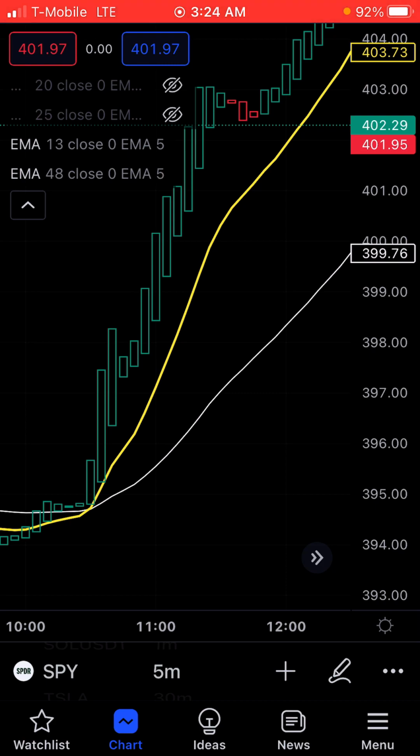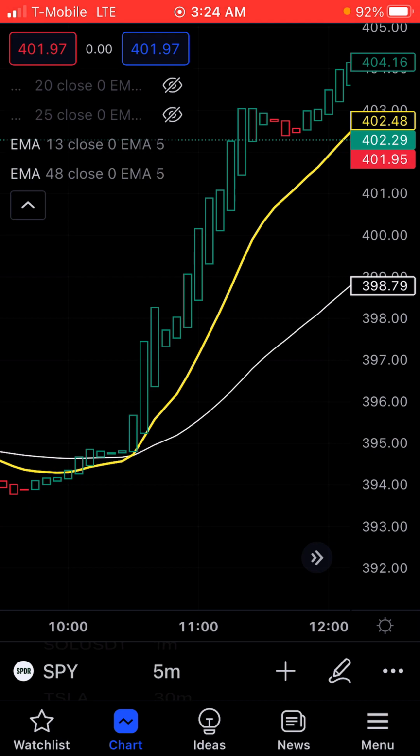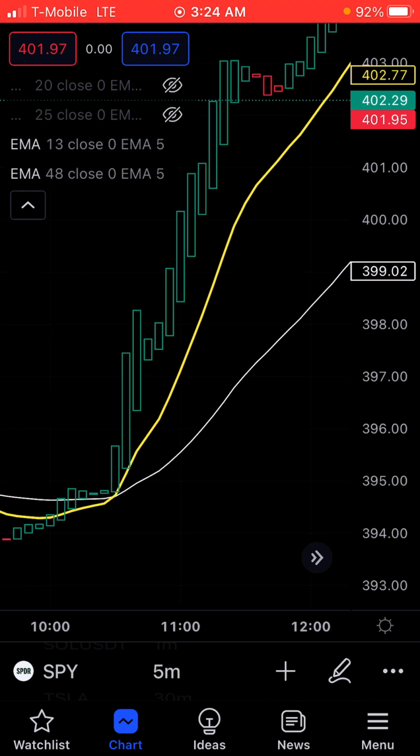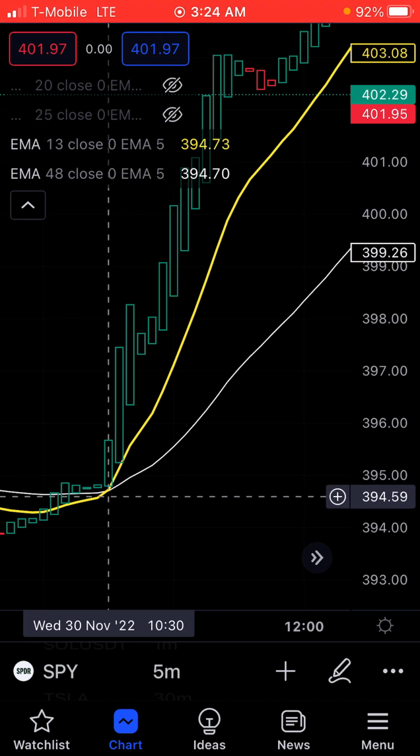So load up your 1348 and look for a moment where it crosses, which is right here. It crosses right here, and this is SPY as an example in the 5-minute, but you can do this for whatever time frame you want.